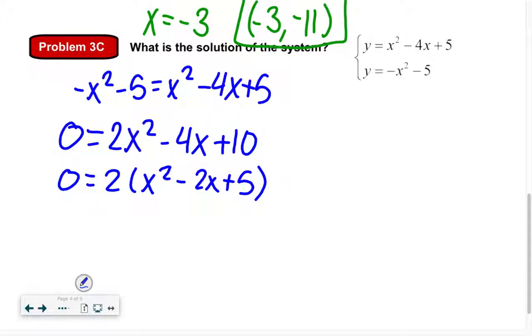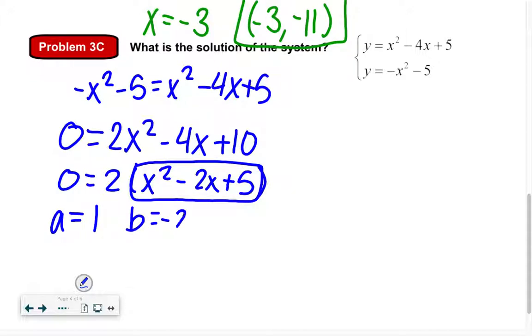What should we do? Quadratic formula. So let's do that. What's my A gonna be? 1. It'll work either way. You should have to simplify. Since we pulled our 2 out, let's just use this part. So my A would be 1, B would be -2, C would be 5.